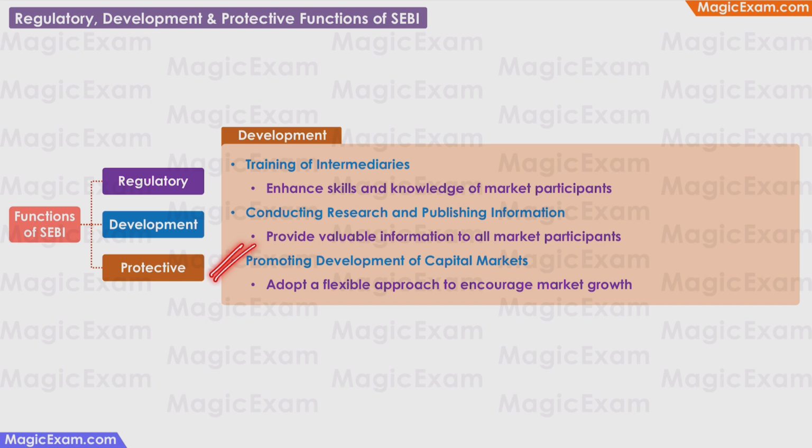SEBI adopts a flexible and adaptive approach to promote the growth of capital markets. This means introducing new policies, adopting global best practices, and encouraging new financial products, all aimed at making the market more dynamic and more investor friendly. So, SEBI's development functions are all about building up the market, making it stronger and more professional for everyone involved.